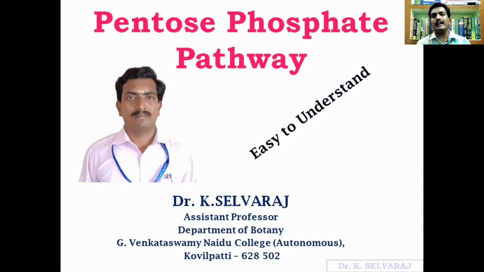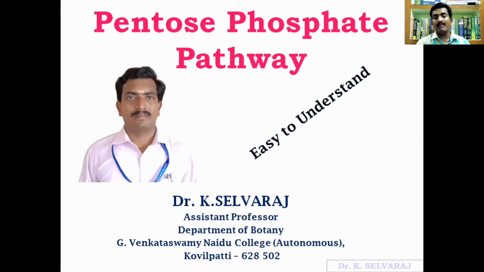But in a few cases, the glucose 6-phosphate formed in the glycolysis cycle is converted into pentose sugars. That process is called the pentose phosphate pathway. Why is this pentose phosphate pathway important?